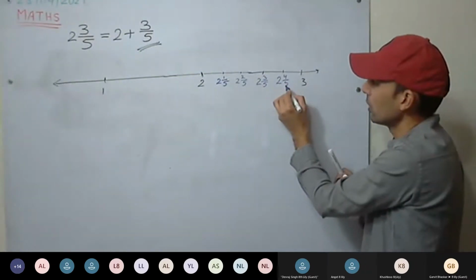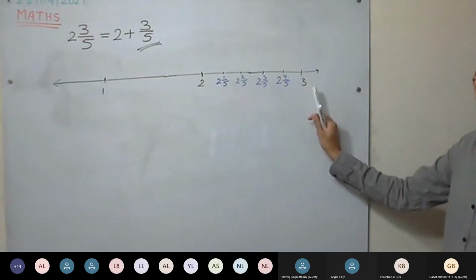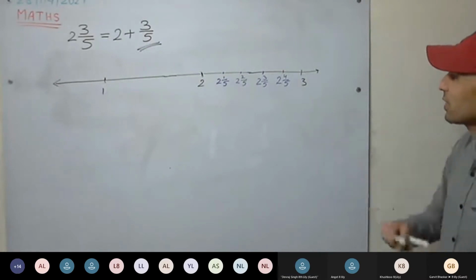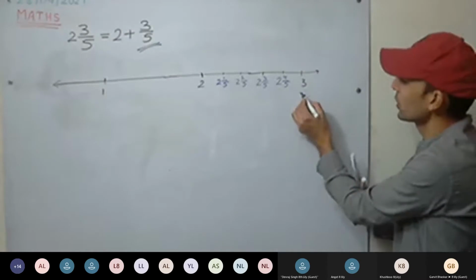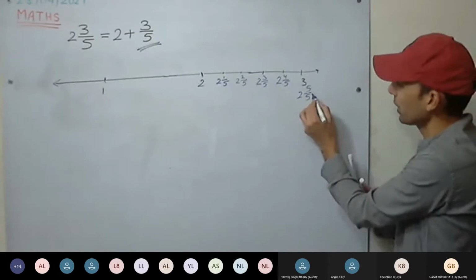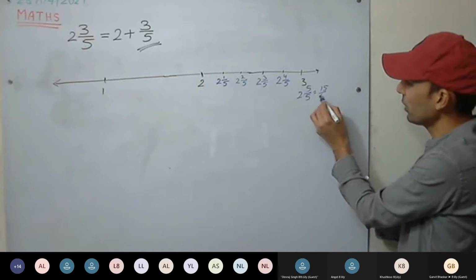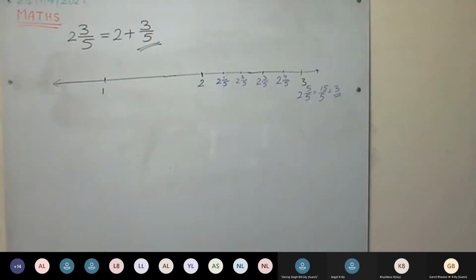Then 2 4 by 5, and then 2 5 by 5. 2 fives are 10, plus 5 is 15 upon 5, which is 3.